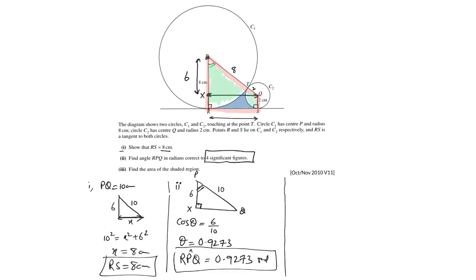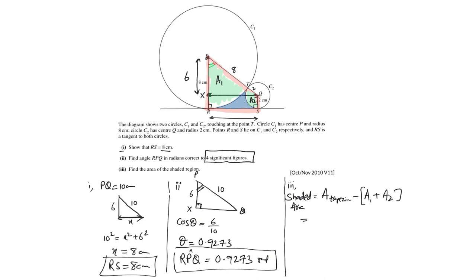Did the thought process make sense? So the shaded area would be equal to the area of the trapezium minus the sum of the areas of this sector, let me call it A1, and this sector A2, so A1 plus A2.